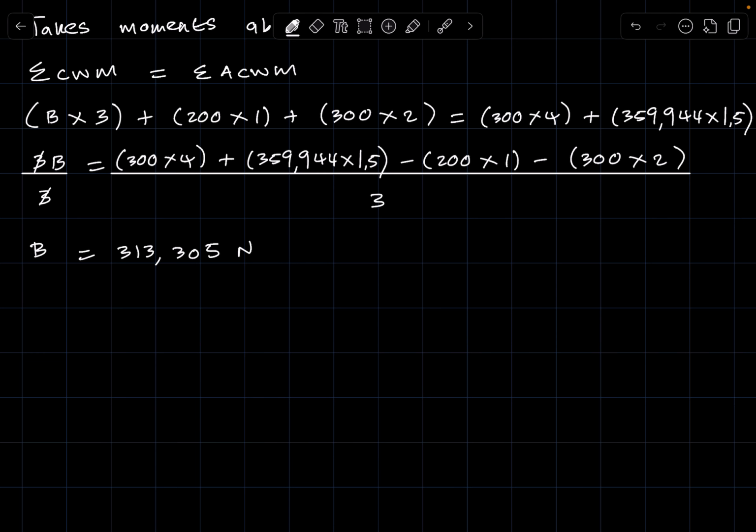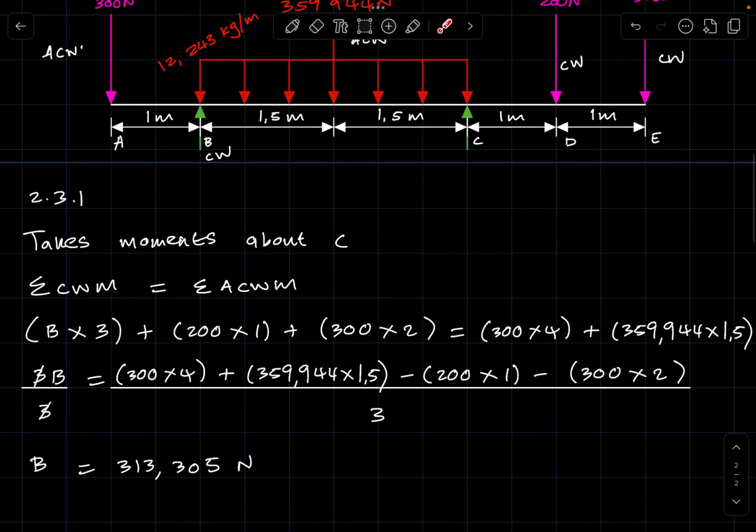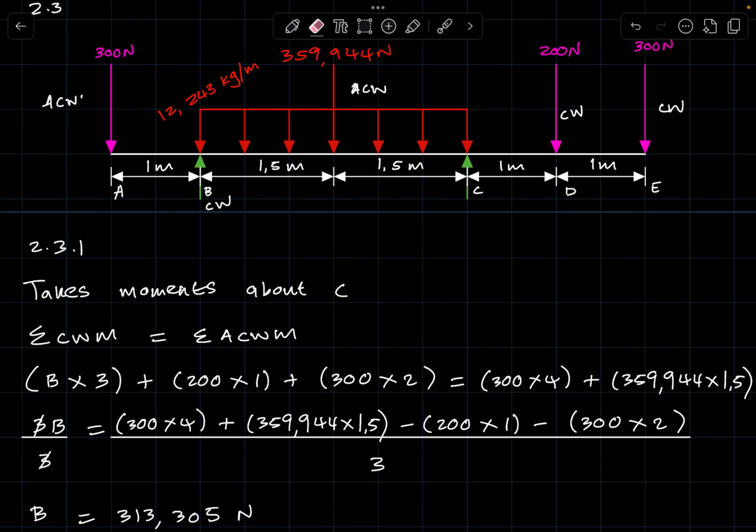So now we are going to calculate the reaction at C by taking moments about B. So we eliminate B by taking moments about it. That way the reaction at C will be our only unknown. All right, so remember that now. We no longer have this.